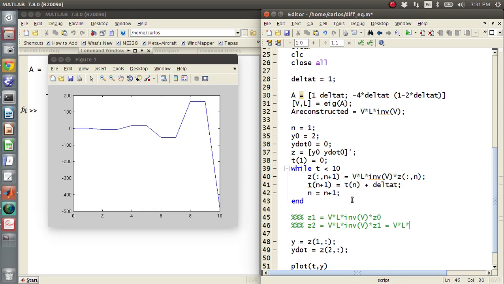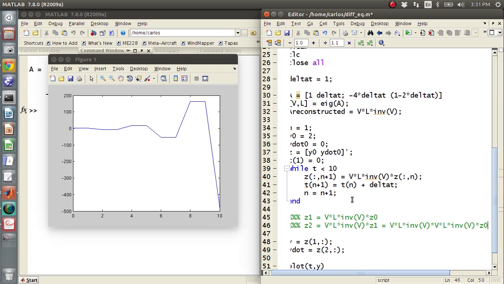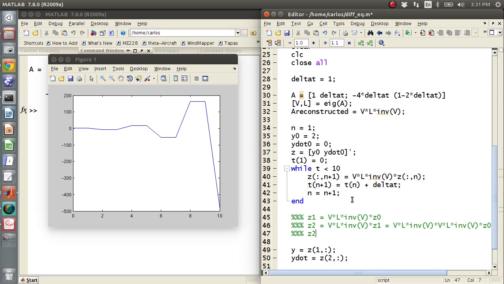But Z1 is V times L times inverse of V times Z0. So if I simplify that, V times L times inverse of V times V, where inverse of V times V is identity, I get V times L times L times inverse of V times Z0. And if I reduce it down even more, I get V times L squared times inverse of V times Z0.